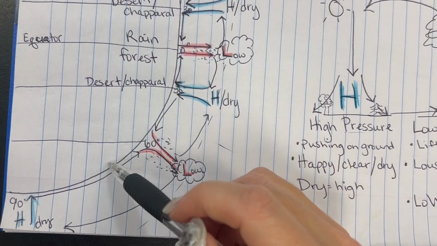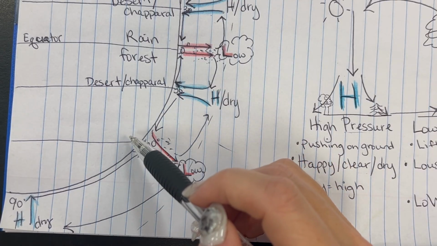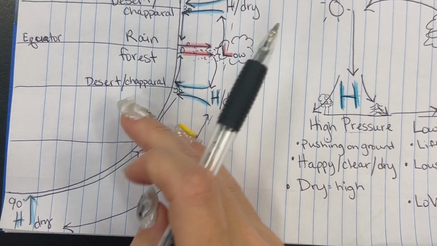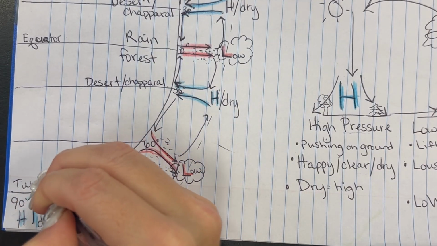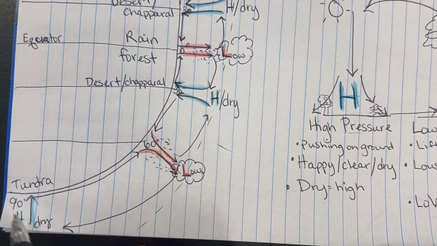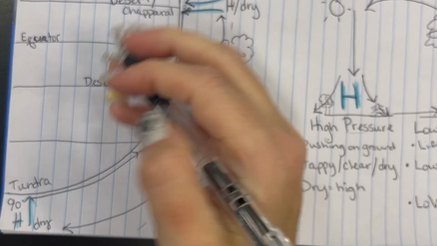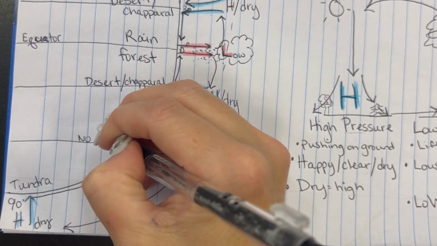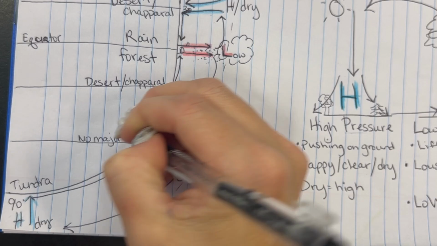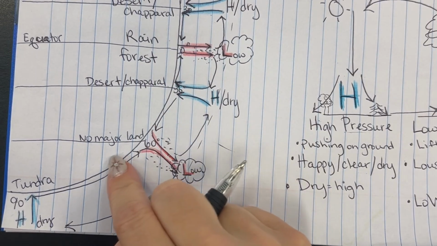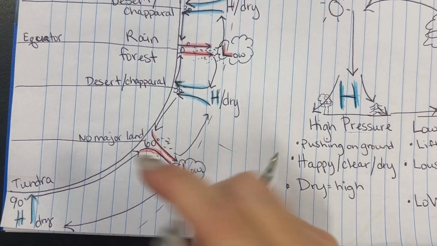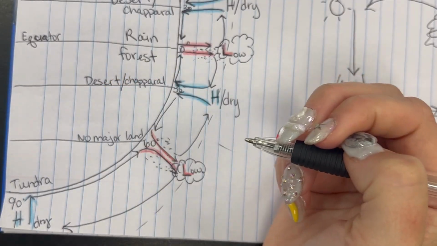Now, the interesting thing about the 60 areas, like 60 to 90, is this is also the Arctic tundra. So we have the Arctic and the Antarctic. This is the Antarctic tundra. There's no major land masses. However, in South America, there's a tiny sliver of forest.